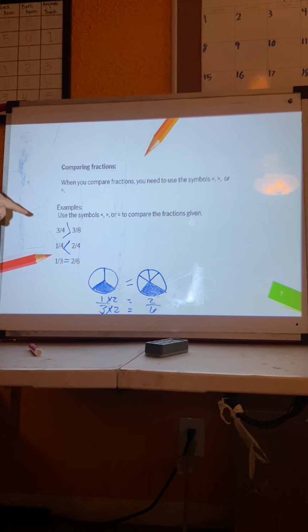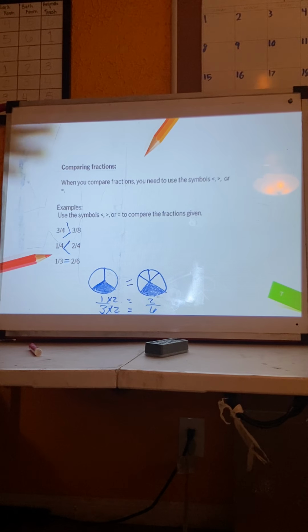So, again, when you're comparing the fractions and the numerators are the same, look at the denominators. The smaller the denominator, the bigger the fraction, okay? When your denominators are the same, look at the numerators. The bigger the numerator, the bigger the fraction. And whenever your numerators and your denominators are different, draw a model.